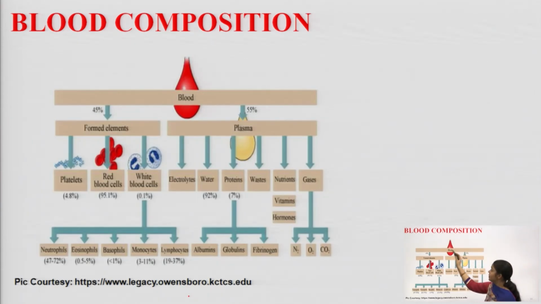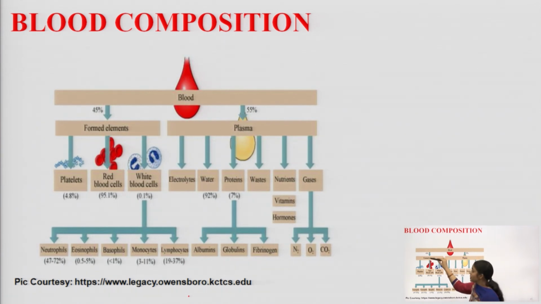Now this is your summary of your blood composition. Blood consists of formed element and plasma. 45% of the blood is made up of your formed element, while 55% of your blood is made up of your plasma.